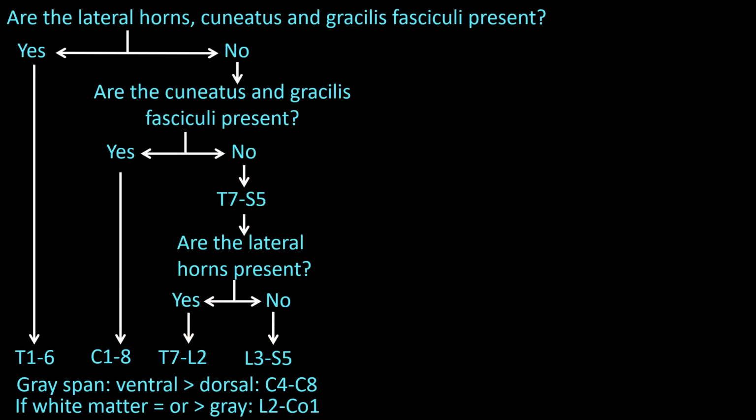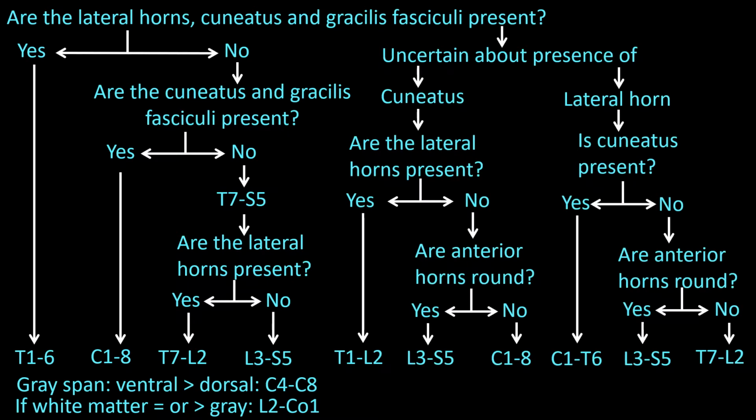A situation not depicted in the previously presented algorithm. But at this point, I will incorporate in the next frame, as you can see, an algorithm that takes into account the possibility of being uncertain about the presence of the cuneatus fascicle, as in this case.